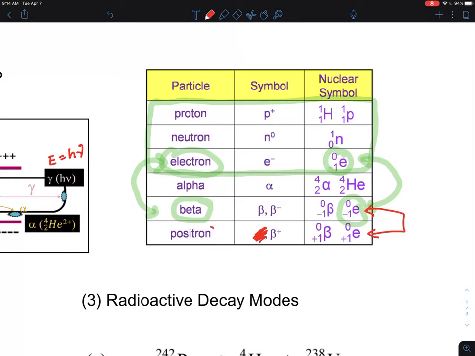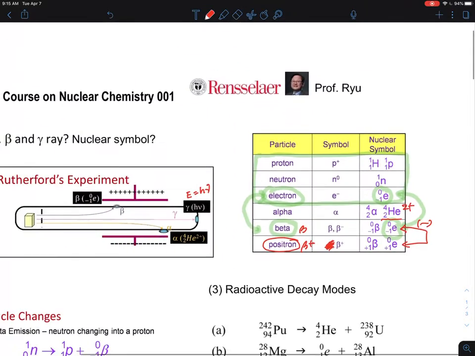So get familiar with the notation: beta minus is an electron, beta plus is a positron, and alpha is what we talked about. It is a helium, and they are typically positively charged. This one's negatively charged, and this one is positively charged, and so on.